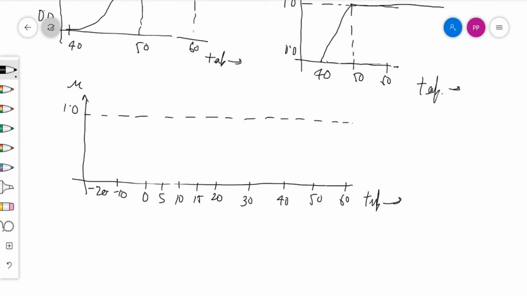So let us start with the first one. The first one is your curve. This curve is from negative temperature, very low, then beyond minus 10 degrees Celsius it starts falling like this up to 0.